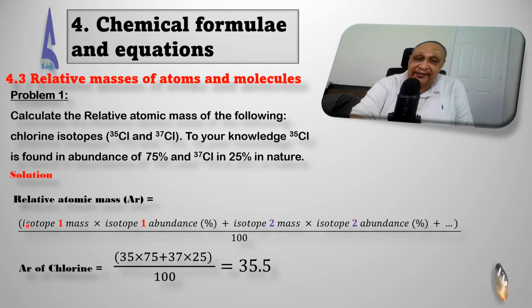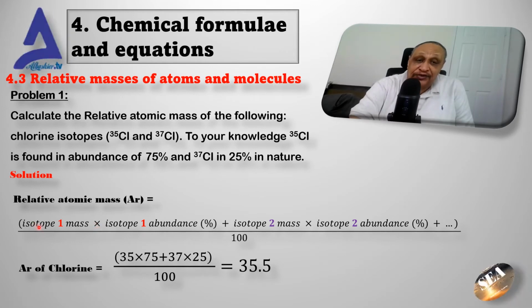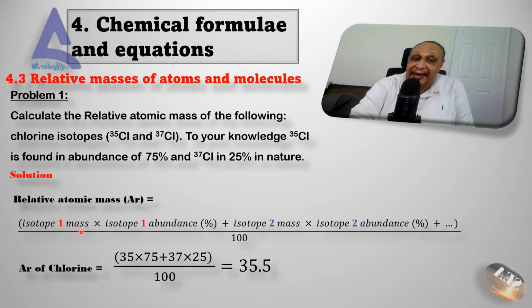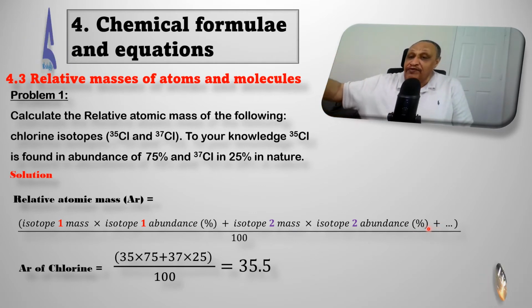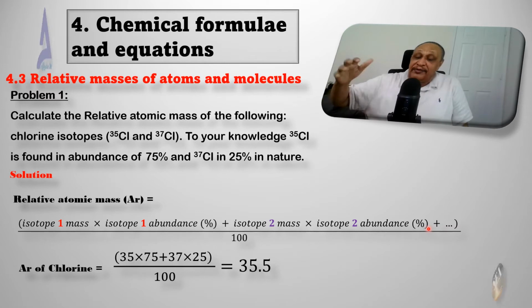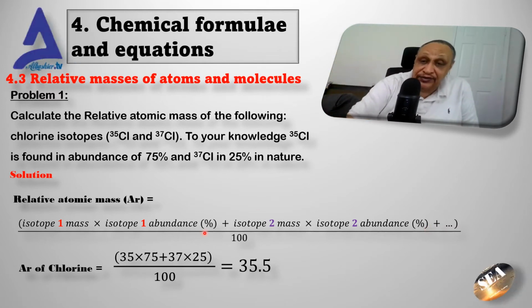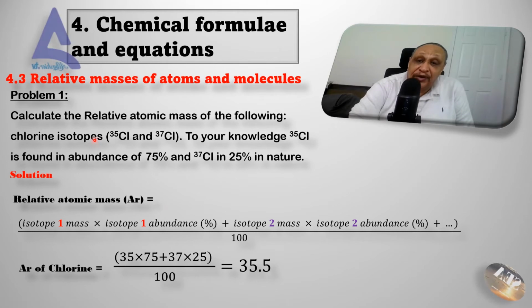So our first step is to write the equation as it is: isotope 1 mass multiplied by isotope 1 abundance, that means the percent, plus isotope 2 mass multiplied by isotope 2 abundance, and plus anything else, 3, 4, 5, it doesn't matter how many isotopes we have. But here we have only 2 isotopes, so we just need 2 of them.